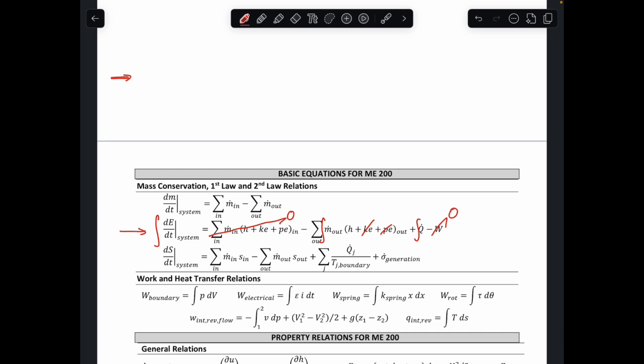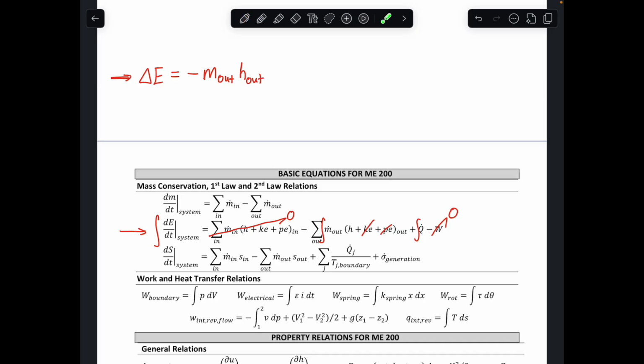The simplified form from this dE/dt, we're just going to get a delta E, the change in total energy. It is equal to this term down here, which will be just a mass times an enthalpy value. The dot goes away, and we have to keep this negative sign, so this will be equal to the negative of the mass out of the system times the enthalpy at the exit, or the outlet.